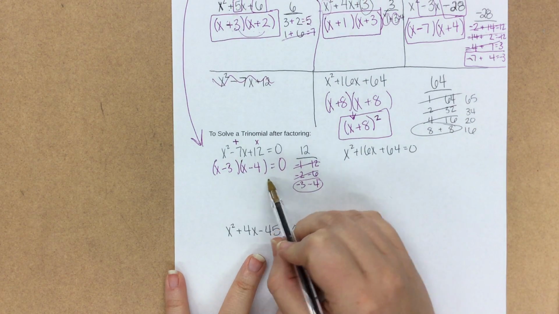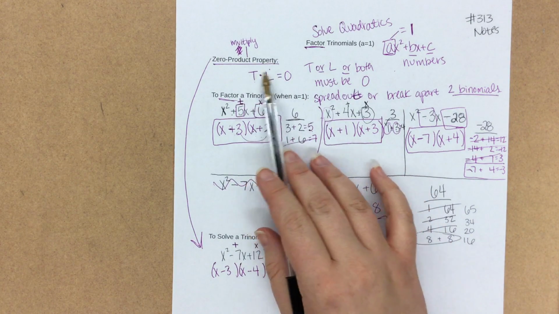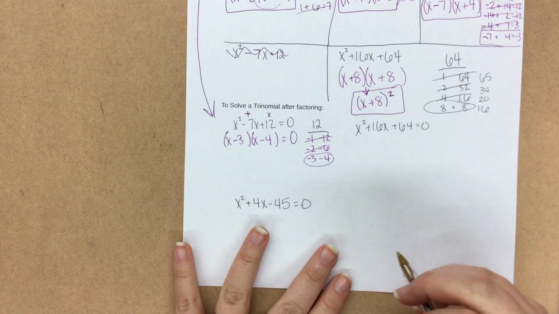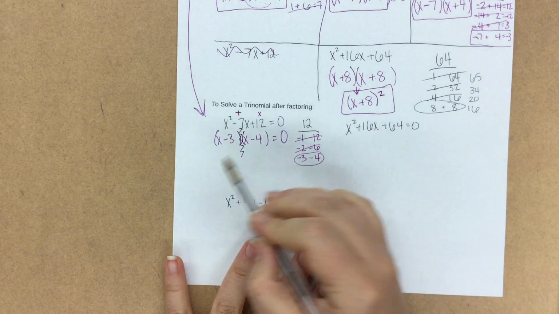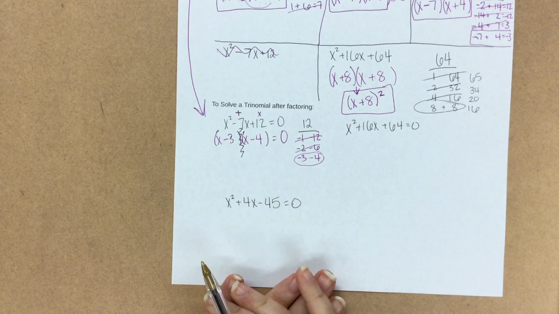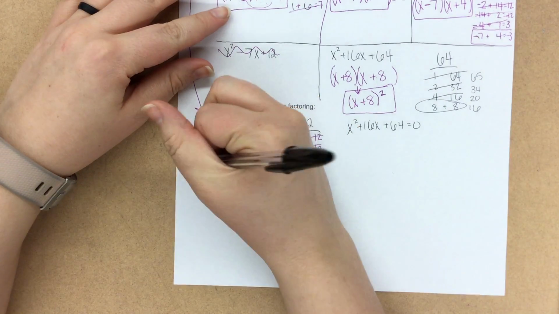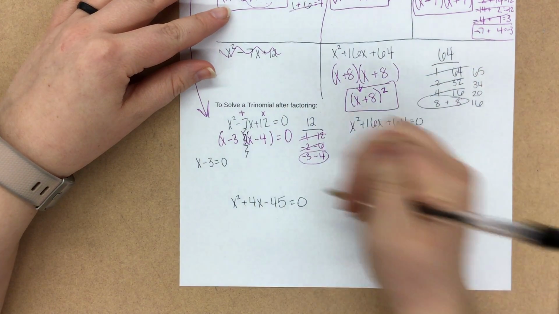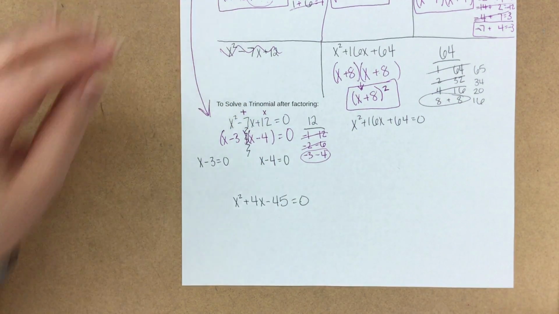Okay, because I'm set equal to 0, and I know this zero product property, if I multiply two things and it equals 0, one of them must be 0. What I'm going to do is I'm going to separate them and find out, okay, when does each one of these equal 0? And those are going to be my two different solutions. You know how with the square roots we ended up with two solutions? So I'm going to have x minus 3 equals 0 separately from x minus 4 equals 0.